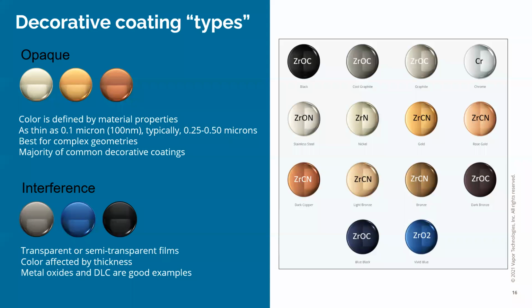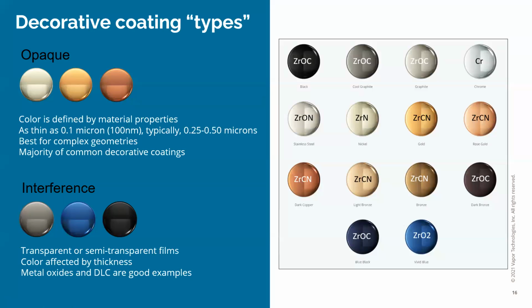Just to give an example of the range of decorative colors that you can have, even with just a single element, which in this case is zirconium, the metal element of the coating. All of these are colors that we can create with a single type of target, the single type of metal that you start with, right?